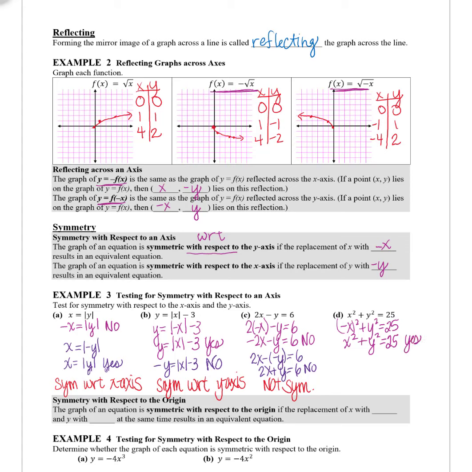This is equivalent to the original equation. And let's check the y also. So now I'm testing to see if it's symmetric with respect to the x-axis, replacing the y with negative y. And you can see negative squared is also positive, so we have x squared plus y squared is equal to 25, and this is also yes. So this one is symmetric with respect to both the x and the y-axis.